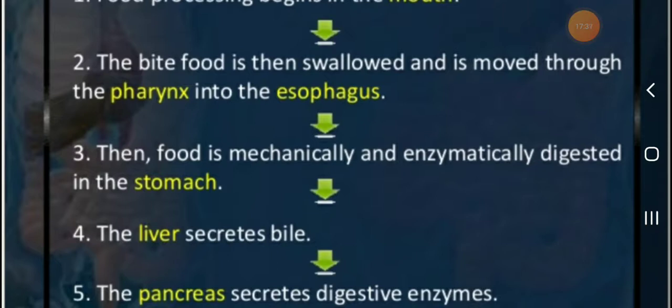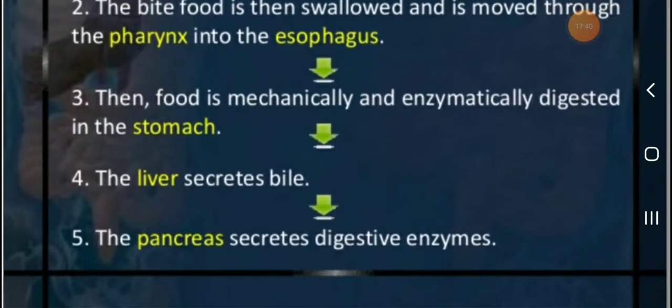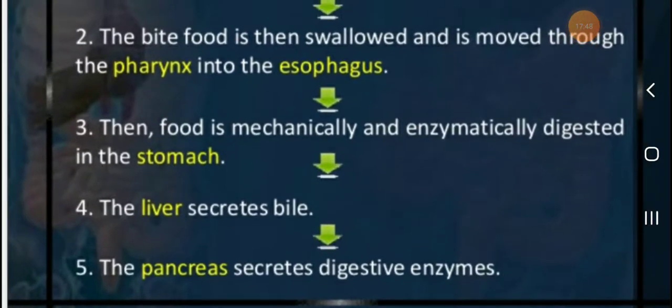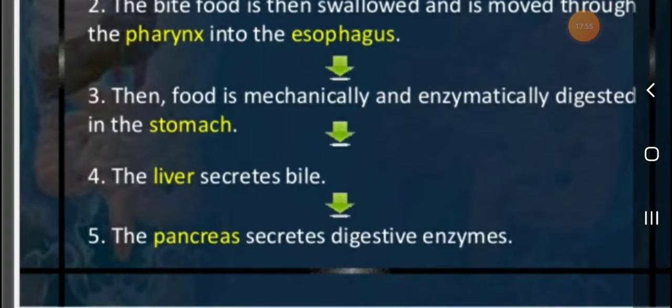Food is swallowed and moved through the pharynx into the esophagus. Then food is mechanically and enzymatically digested in the stomach. The liver secretes bile.